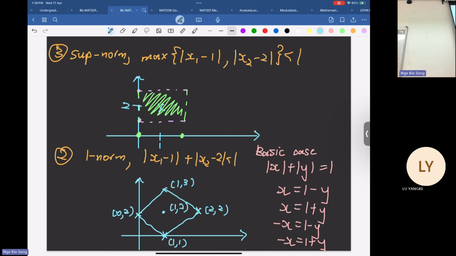Okay. And then this ball is exactly everything inside. So if you move closer to the center, you won't achieve the equal sign, because you are closer to something that you deduct. Does that make sense?